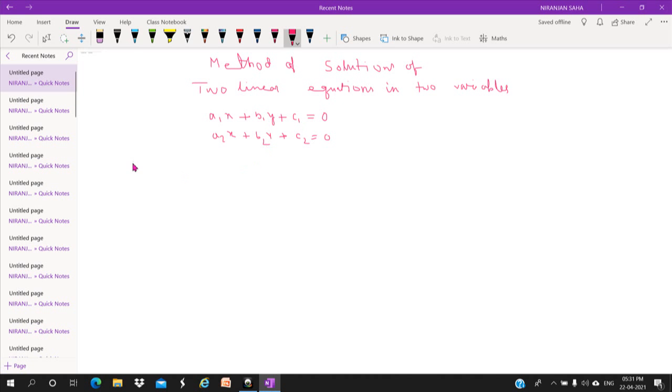So here there are four types of methods of solution. First is the method of elimination.